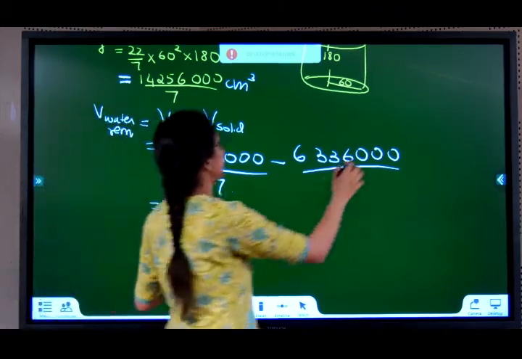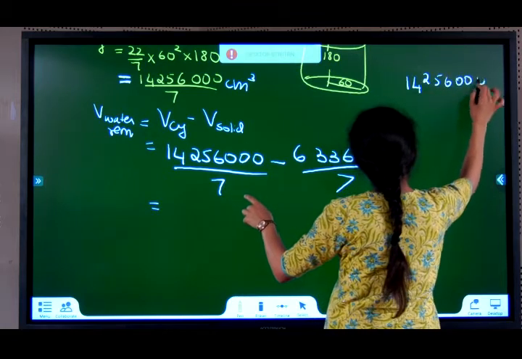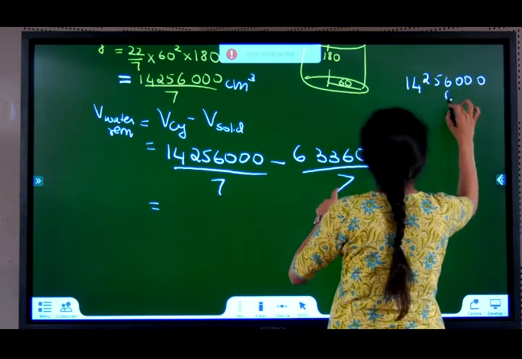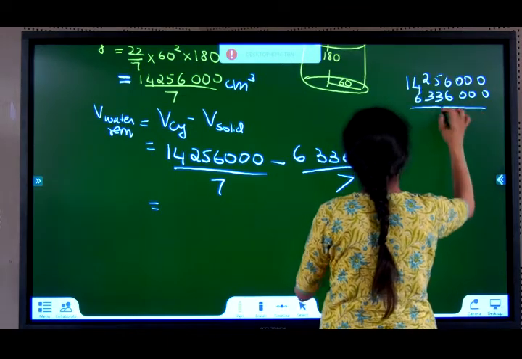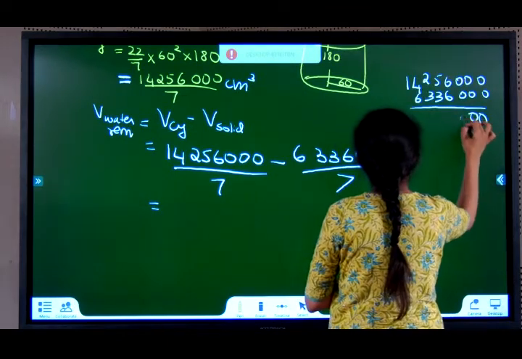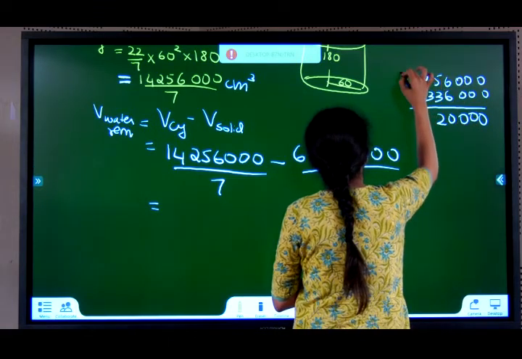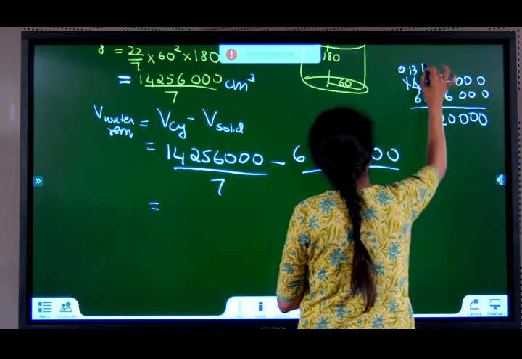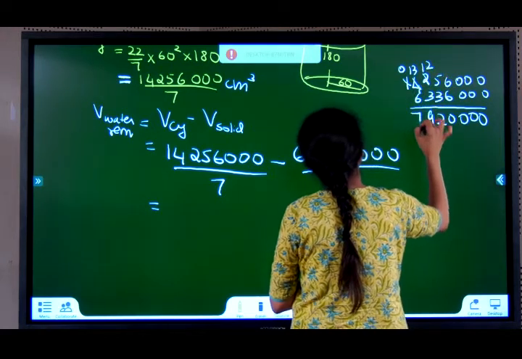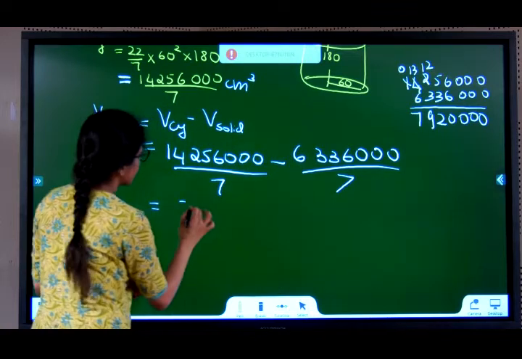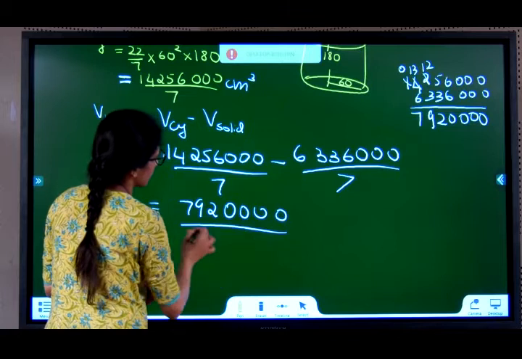So if we subtract, you will get 792 followed by 4 zeros and 7.